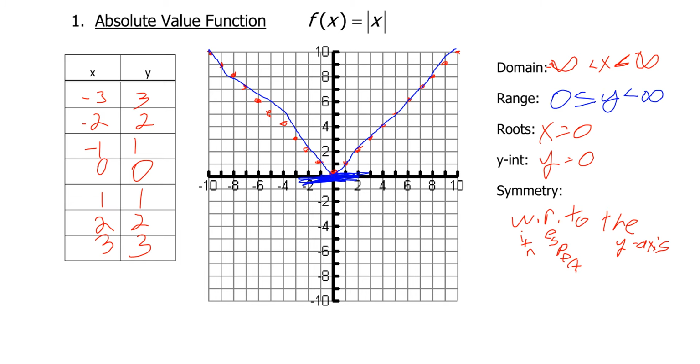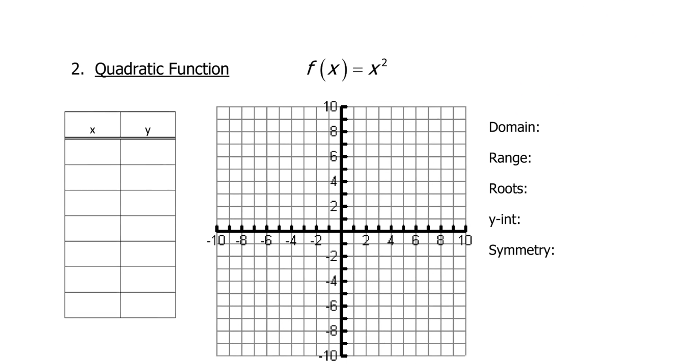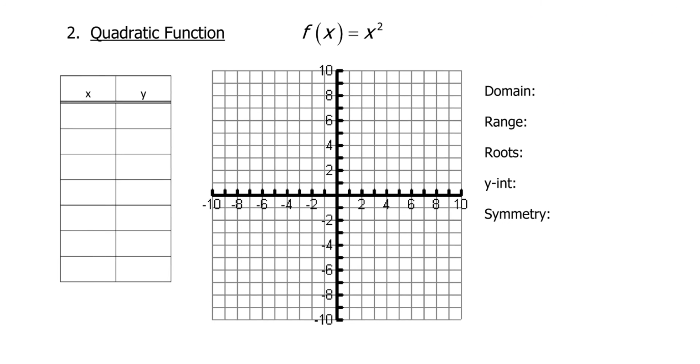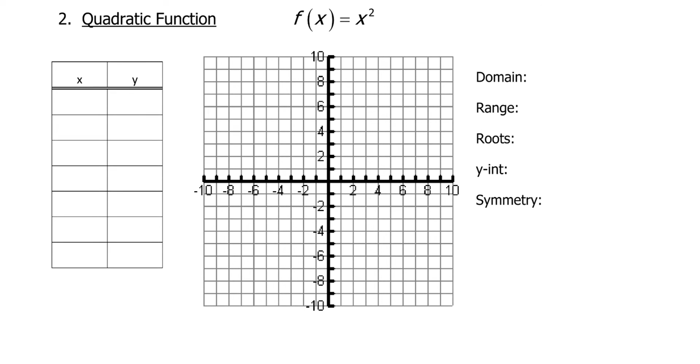Okay? The quadratic function. Okay? Now, as we all know, the quadratic function starts in the middle and does this little number. And let's see, we've got points at negative 3, 9, negative 2, 4, negative 1, 1, 0, 0, 1, 1, 2, 4, and 3, 9.